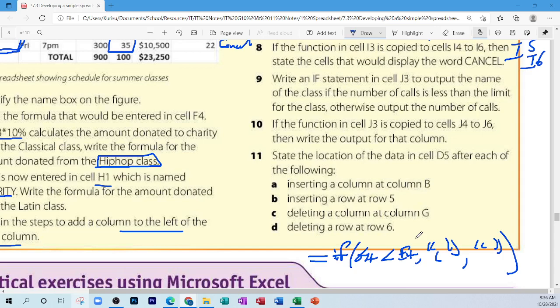Yes, Romari, go ahead. Equal if open bracket G3 less than E3, comma, A3, comma, G3, close bracket. Okay, good. So notice those persons, they have cell names. They have A4 and that would be G4 instead of using the quotation marks.